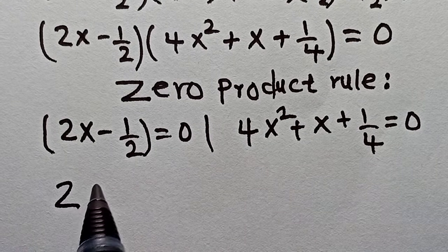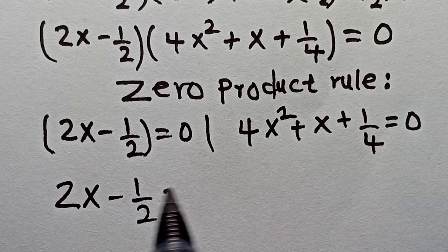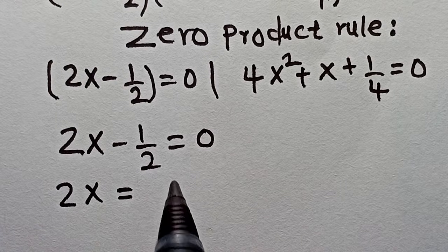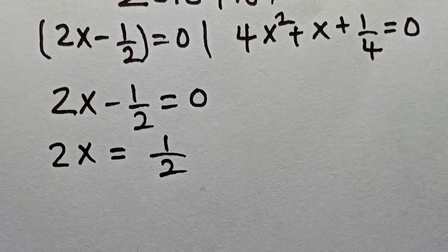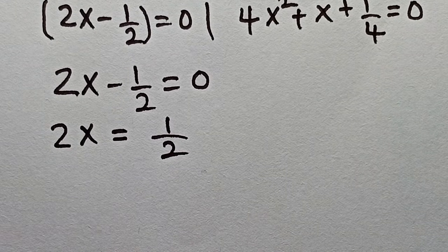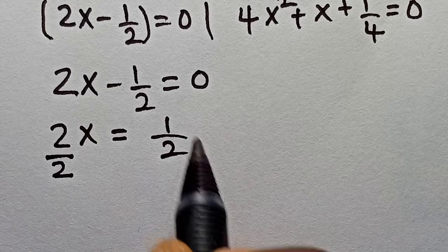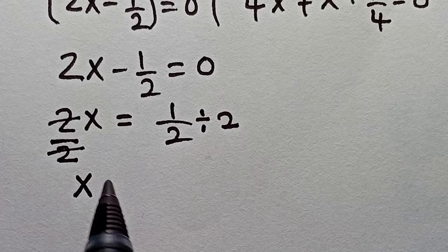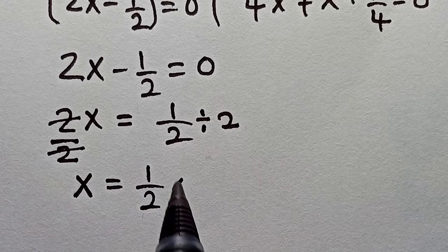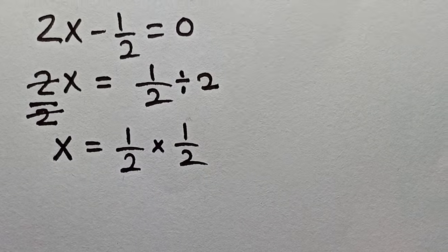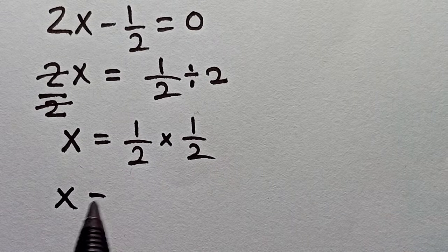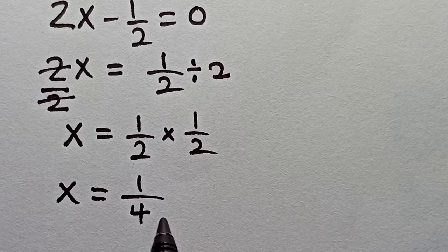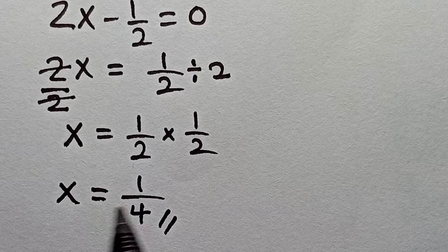Now from here we have 2x minus 1/2 equals 0. Then we have 2x equals 1/2. So from here, divide through by 2. This will cancel out this. We have x equals 1/2 times 1/2. So 1 times 1 is 1, 2 times 2 is 4, so we have x equals 1/4.